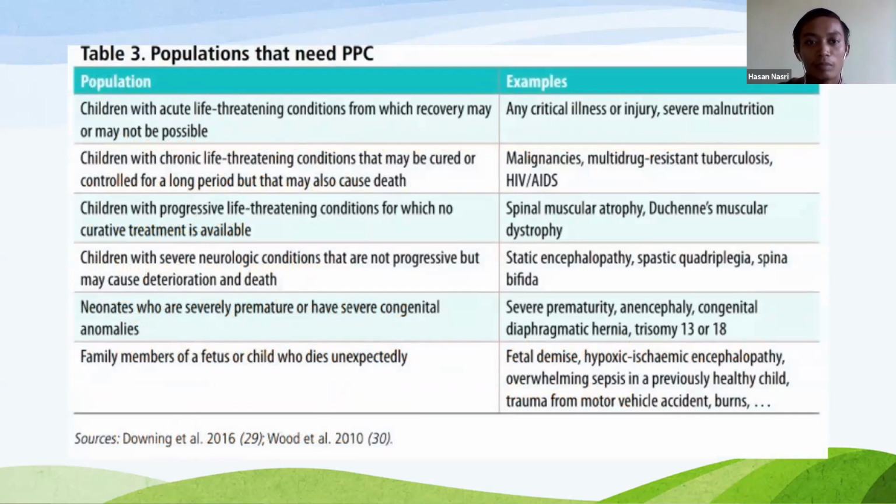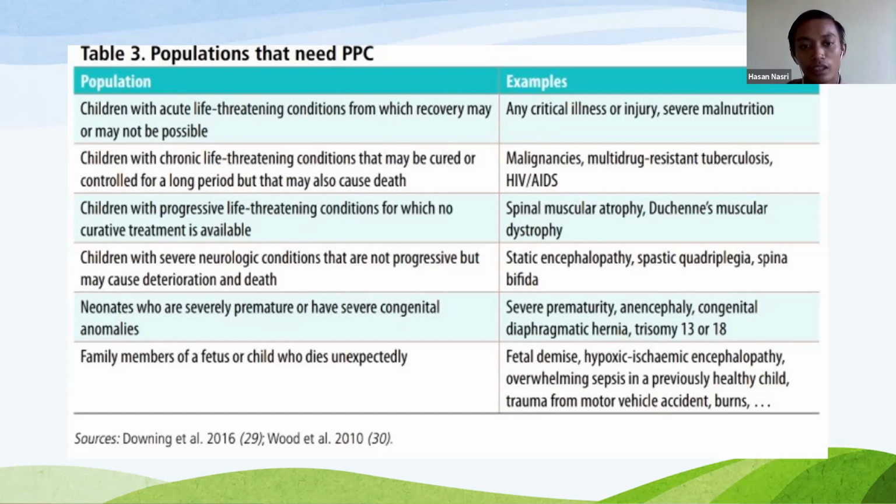These are some examples of populations that need pediatric palliative care. For example, children with acute life-threatening conditions, where recovery may or may not be possible, or chronic conditions which are progressive and life-threatening, but where no curative treatment is available.